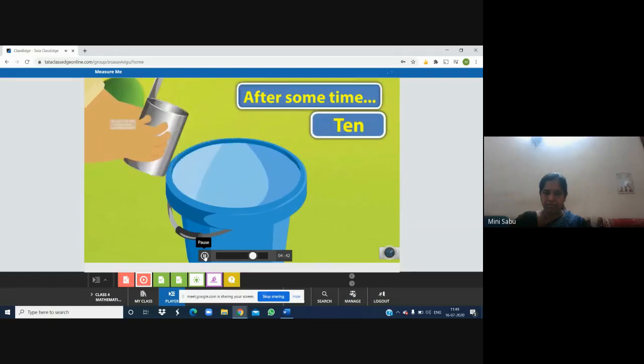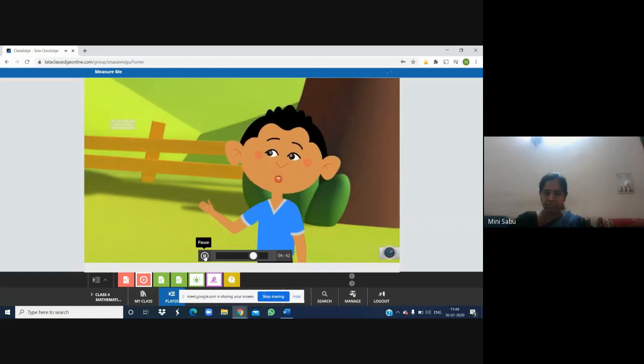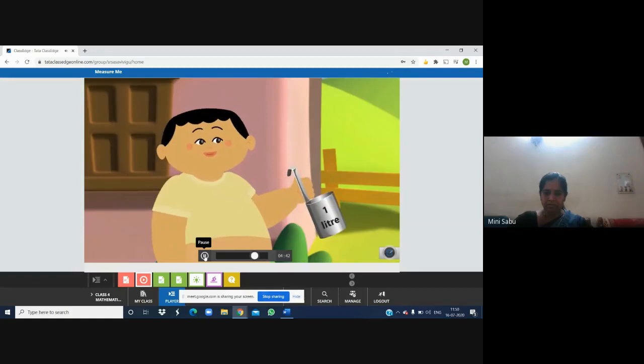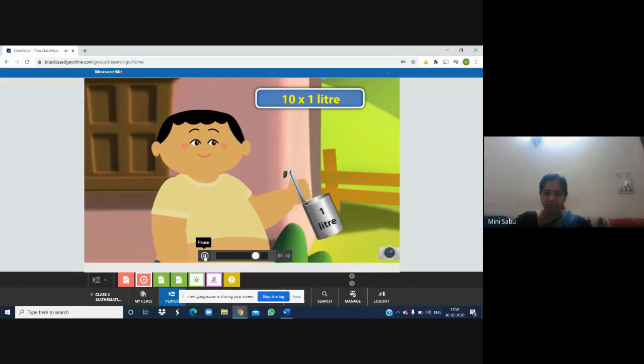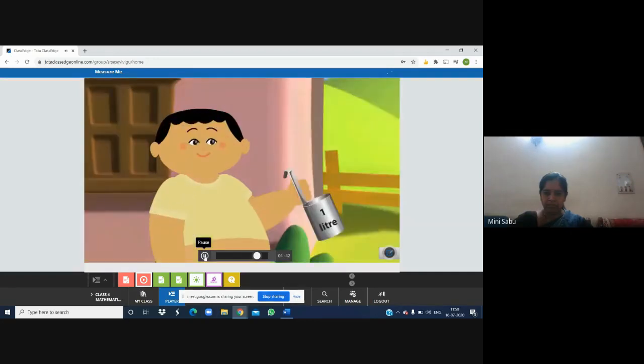After some time, hey, Jiggy, the bucket is full. And you filled the container 10 times to fill the bucket. You're right, Pasha. Since I filled this container 10 times to fill the bucket, the capacity of our bucket is... I know! It's 10 liters.